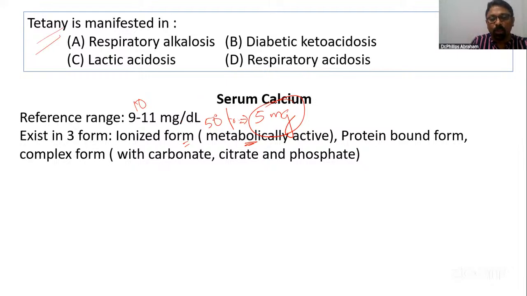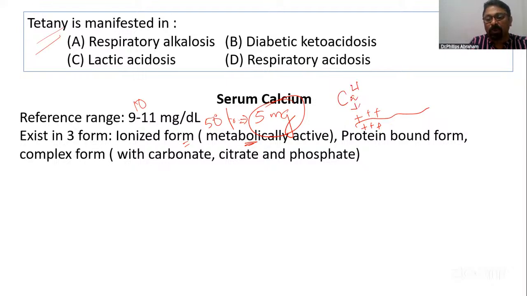So, normal ionized calcium level is 5, and calcium takes 3 forms: ionized, protein-bound, and complex. Now listen, whenever there is acidosis, we have protein. Let this be the protein. In acidosis, we'll have a lot of extra positive charge, because it is acidic. So the calcium ion will not be able to bind it.